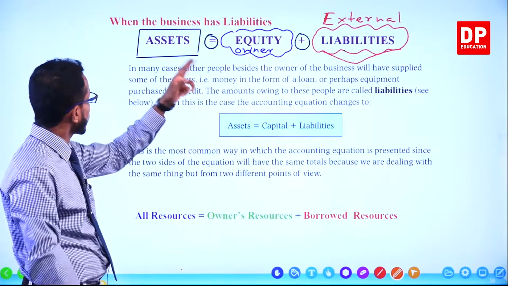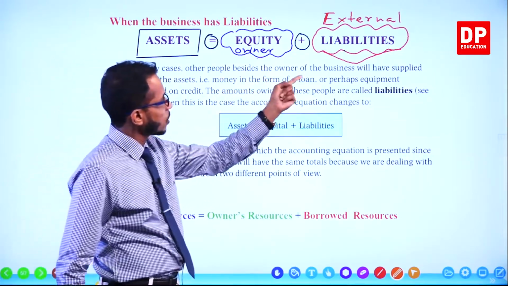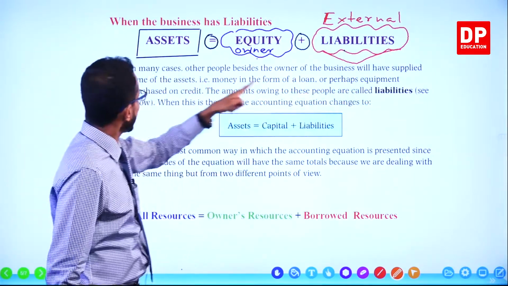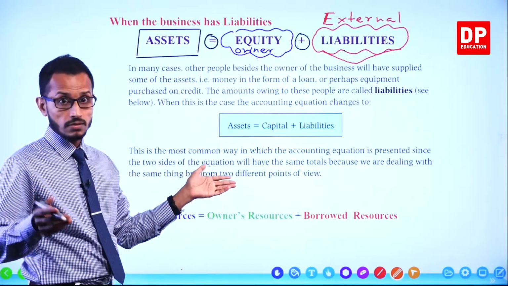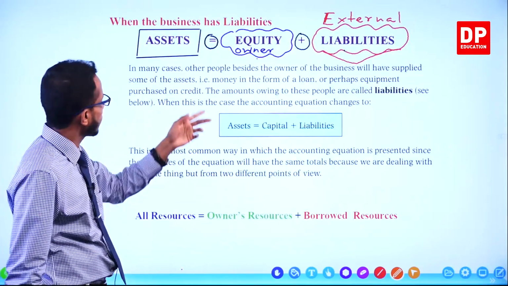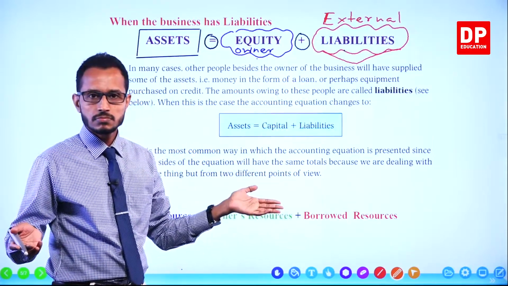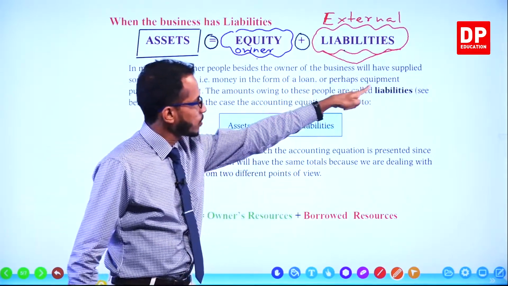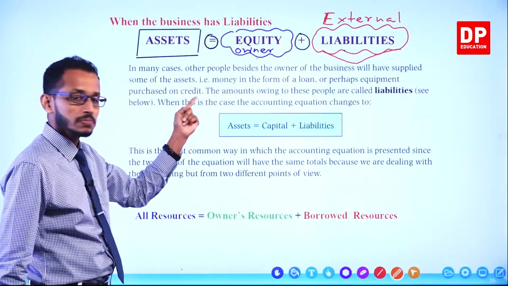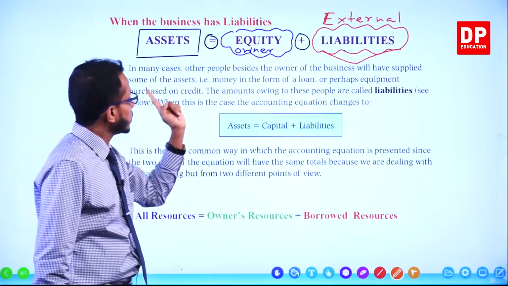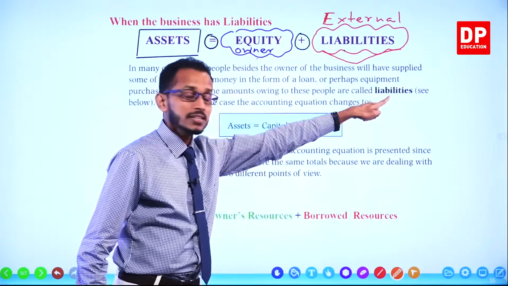Reading out. In many cases, other people besides the owner of the business will have supplied some of the assets. Yeah, we just discussed that. Money in the form of a loan. Bingo. Or perhaps equipment purchased on credit. The amounts owing to these people are called liabilities.